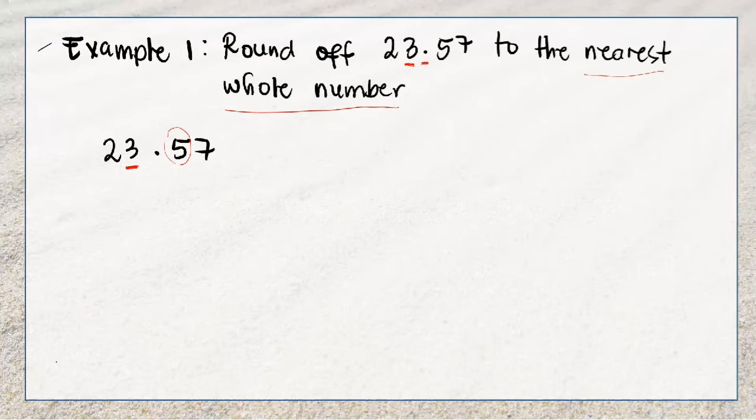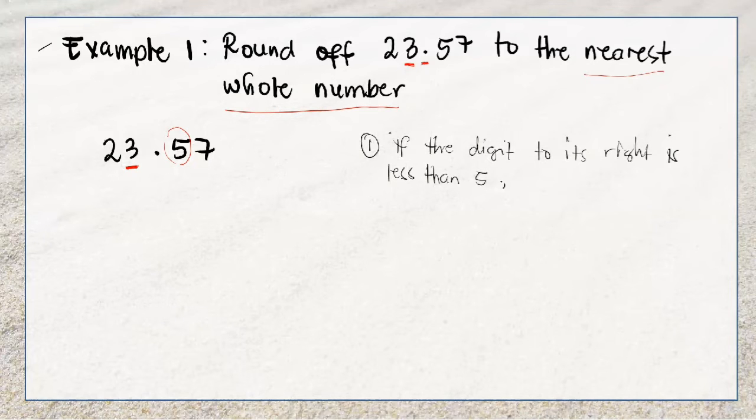The first scenario that we need to remember: if the digit to its right is less than 5, then the digit that we are going to round off will remain.